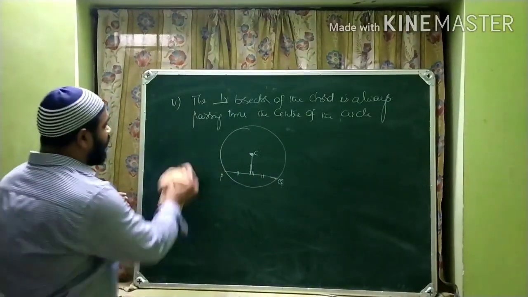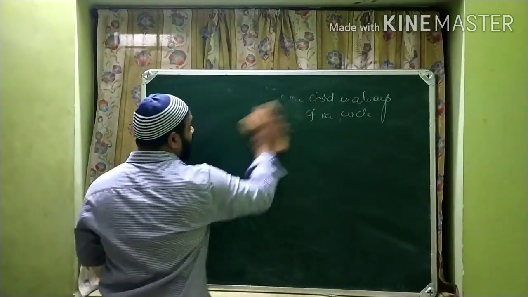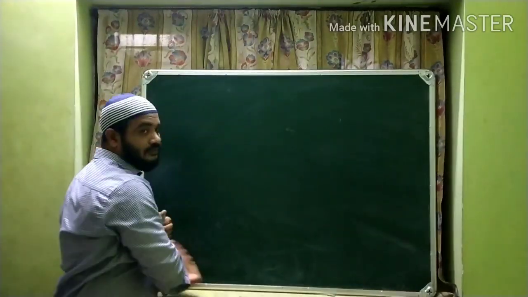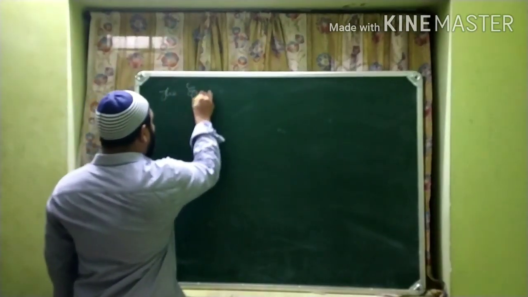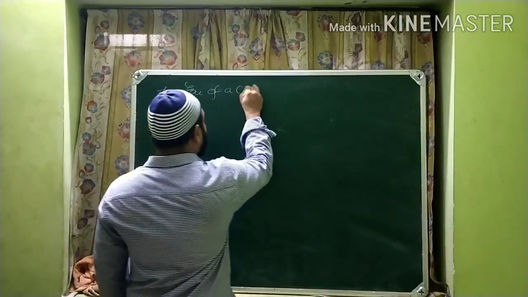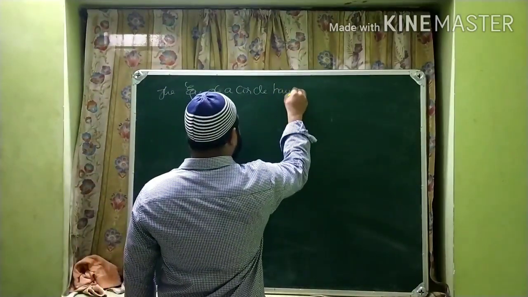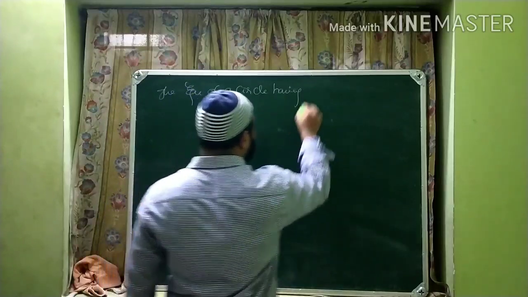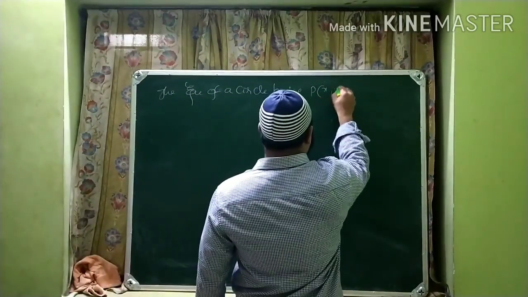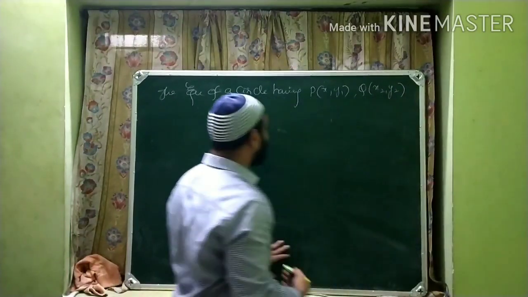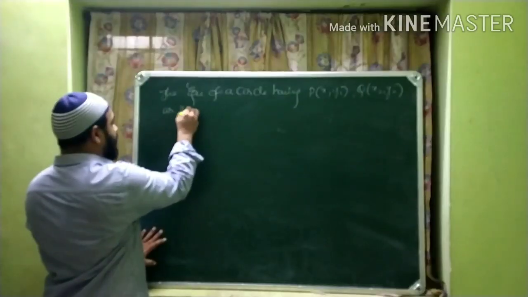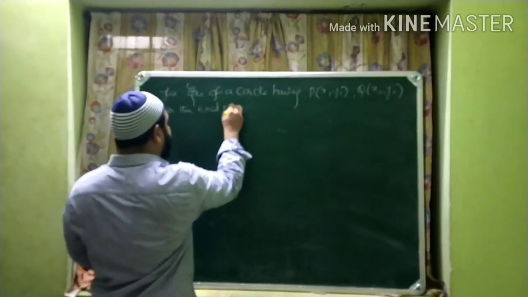Now the equation of a circle having P (x1, y1) and Q (x2, y2) as the endpoints.